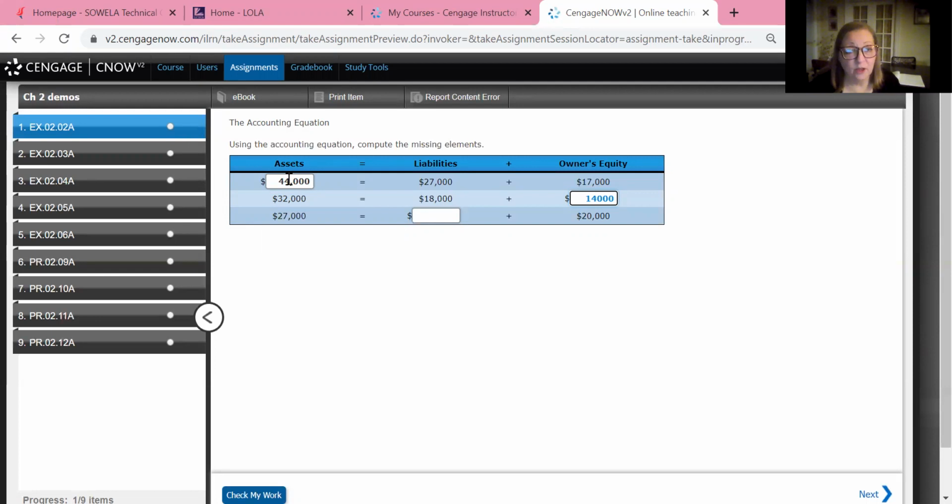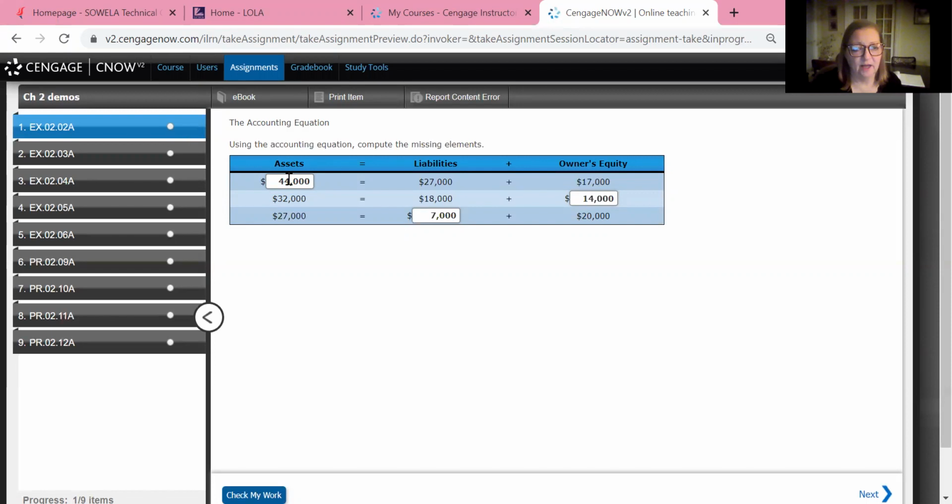For the third one, if we know total assets is 27 and owner's equity is 20, then liabilities has to be 7, because both sides have to equal each other. As we talked about in the lecture video, liabilities and owner's equity combined always equal the assets, because for every asset the company has, there is a claim against it by either the creditors, which is the liabilities, or the owners, which is the owner's equity.